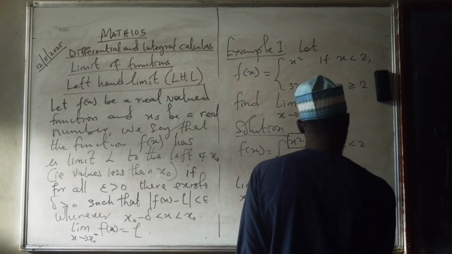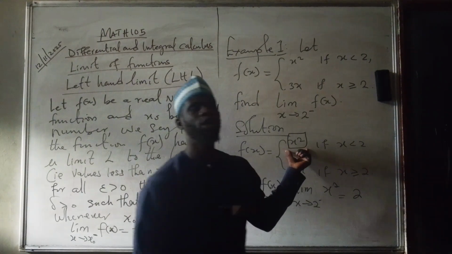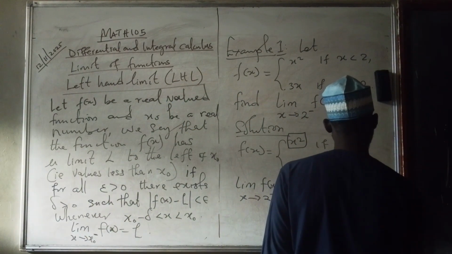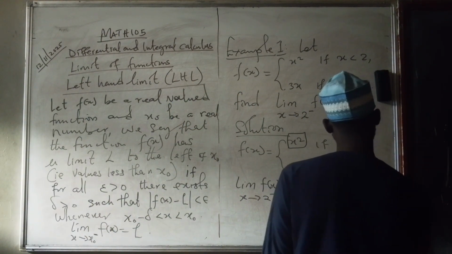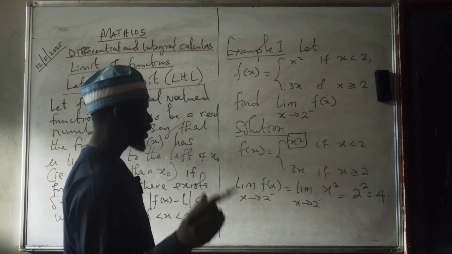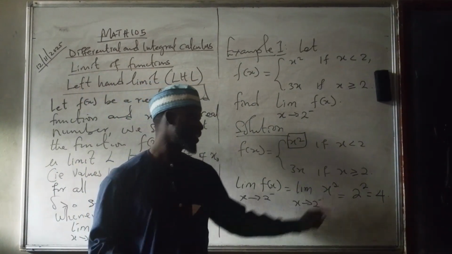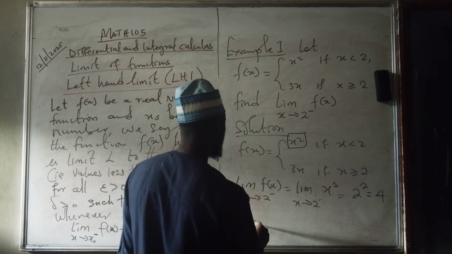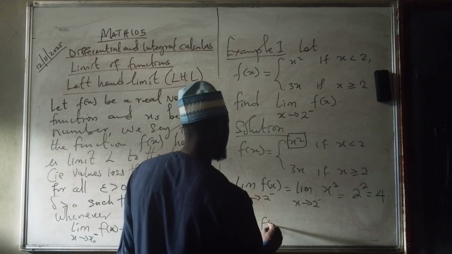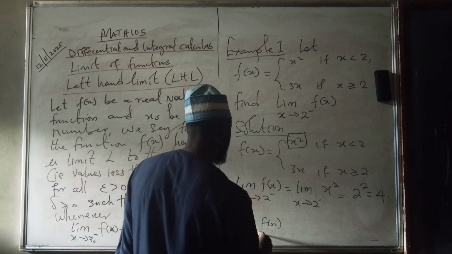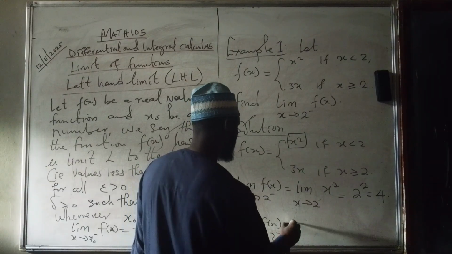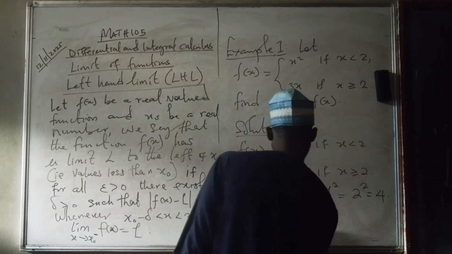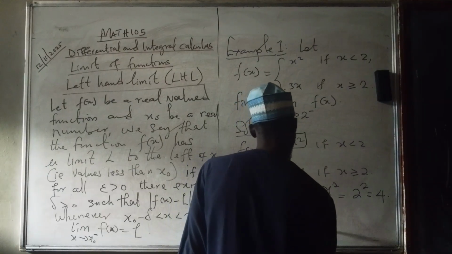You just substitute x equal to 2 because it's a polynomial function. This is 2 square, and the answer is 4. So you have evaluated this limit, meaning the limit of f of x as x tends to 2 from the left is equal to 4.